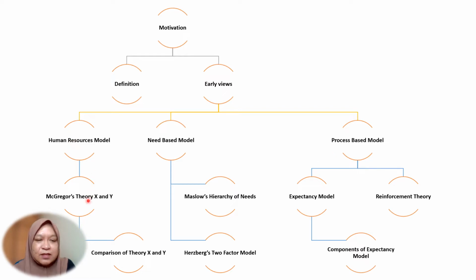Under the human resource model, there will be one theory, McGregor's theory X and Y, and after that we're going to compare between theory X and theory Y, and then we're going to see the need-based model, Maslow hierarchy of needs, and also Herzberg two-factor model. For this video, we're going to focus up until Maslow hierarchy of needs.